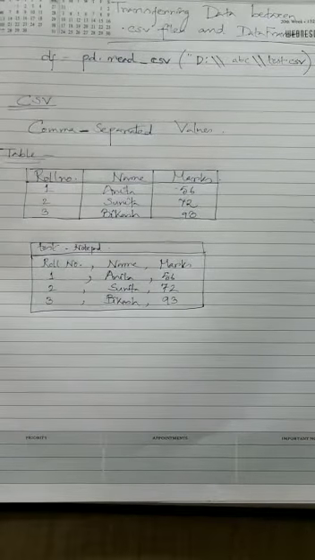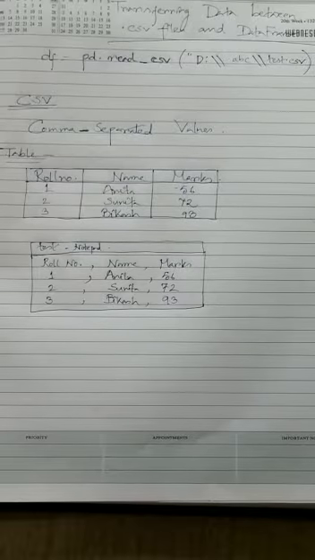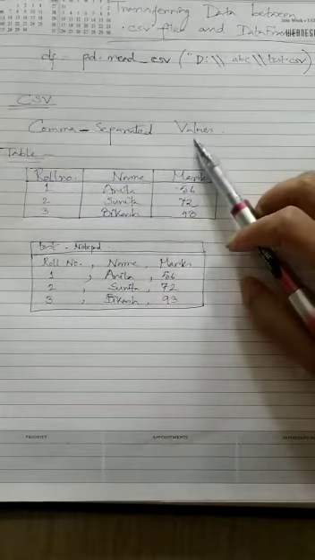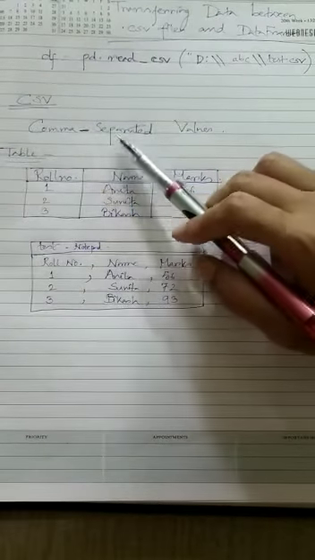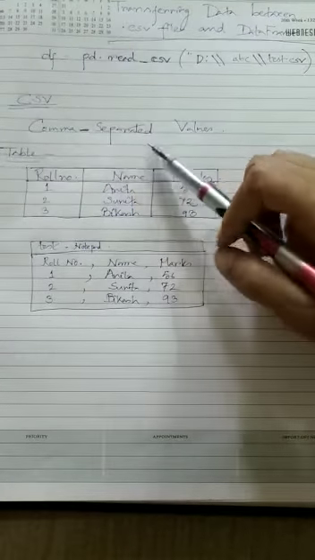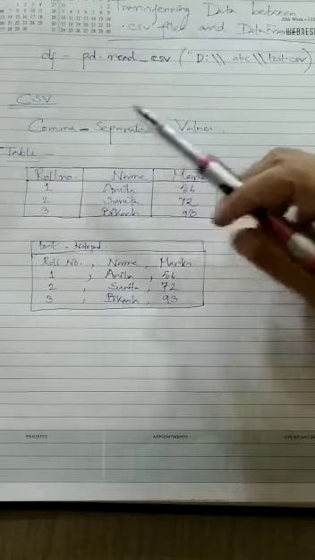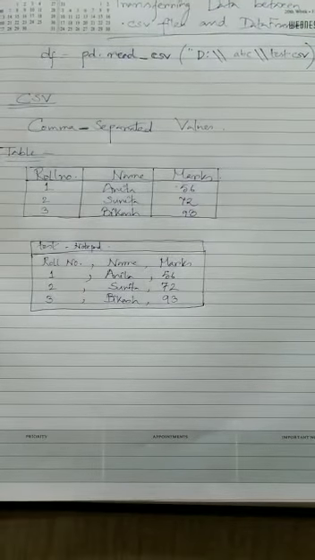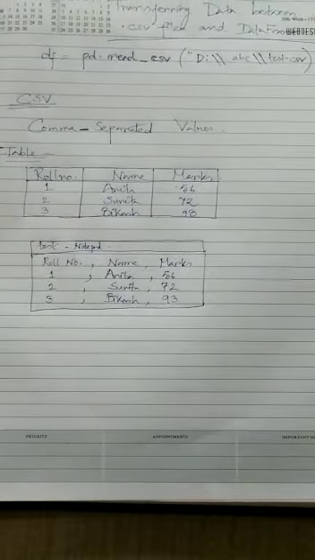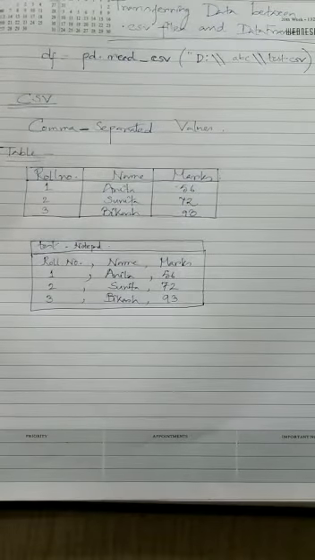The full form of CSV is comma-separated values. See how I have written comma hyphen separated values. Comma separated values is one format in which you can store data in a computer.